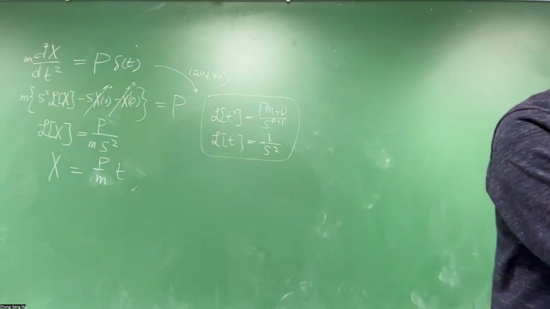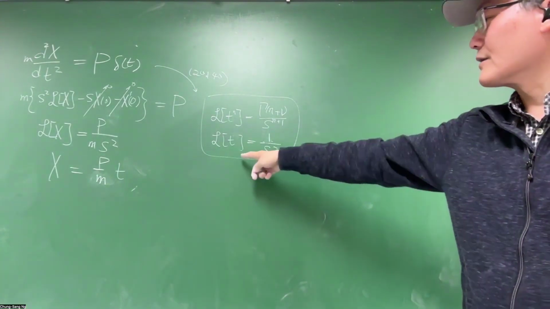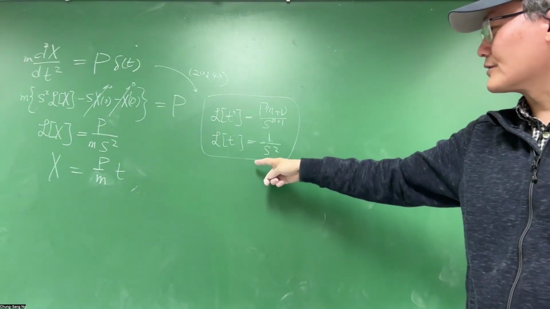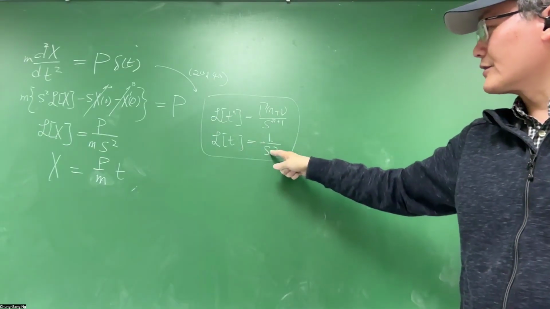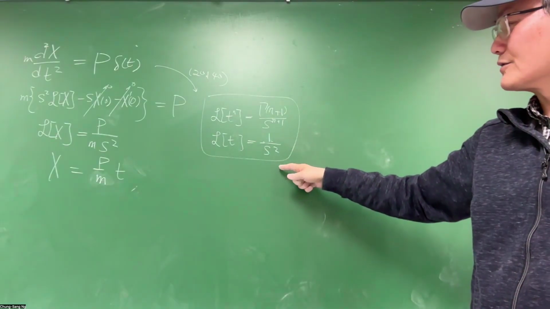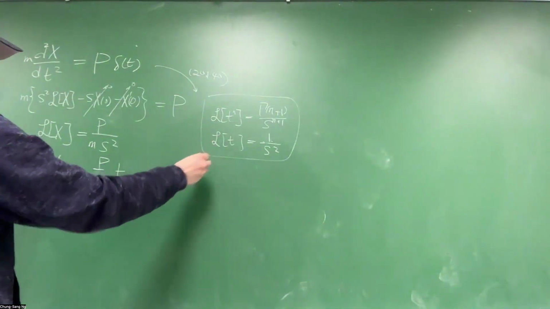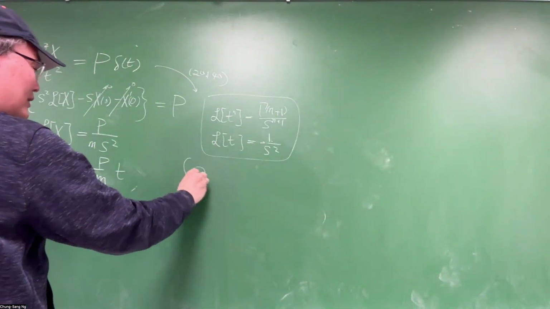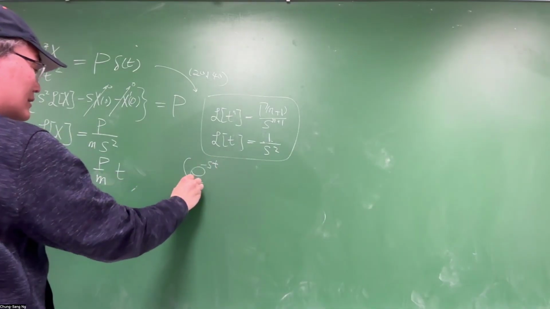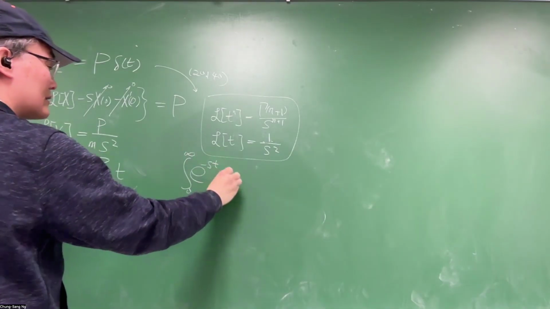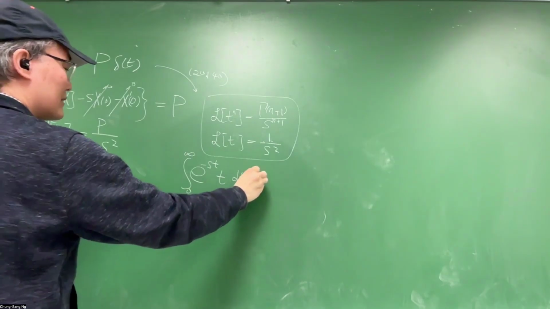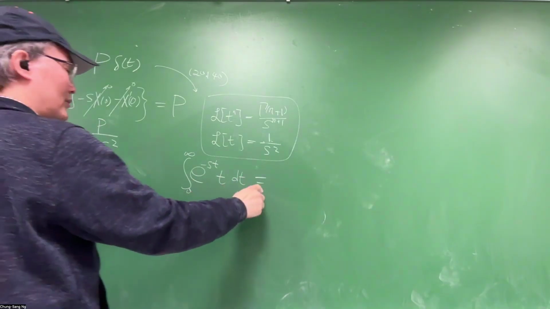Anything else? Oh, I was answering this question already. When you have a function multiplied by t, instead of using the gamma function, you can just do the transformation with integration by parts.